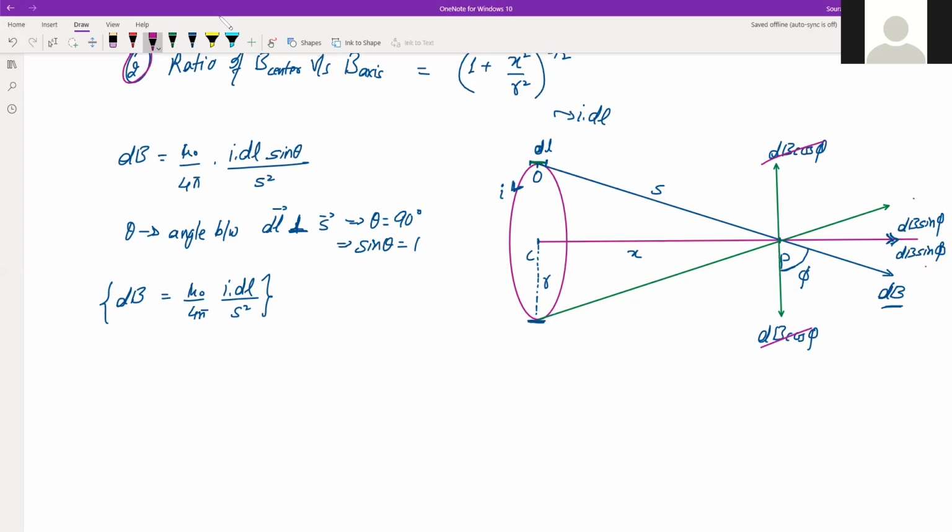So in order to find the total or resultant magnetic field, we see that the field dB lies in the plane of paper and is perpendicular to S. This dB which we see here, this small magnetic field, dB and S are also perpendicular.